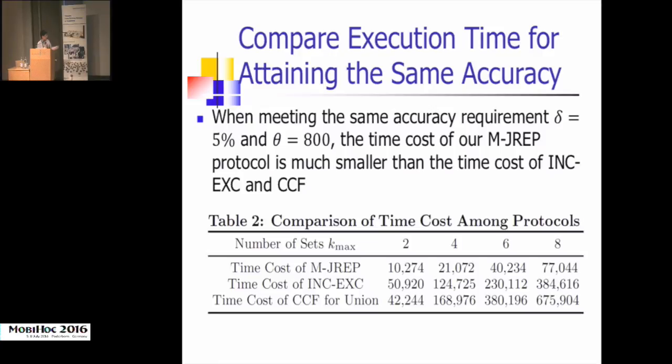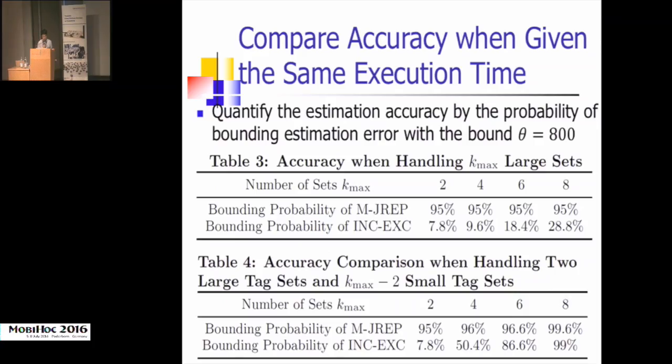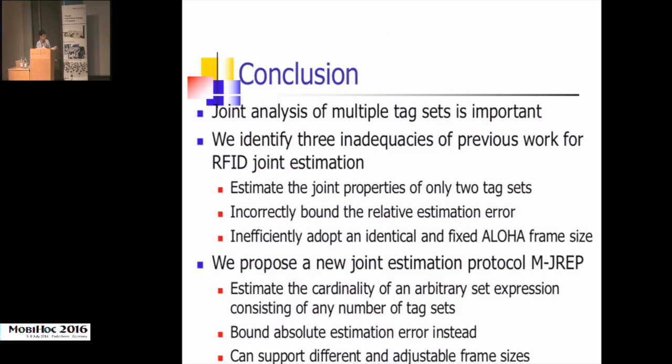It's like 10 times smaller, 5 or 4 times smaller than the previous work, the inclusion-exclusion rule or the CCF protocol. So our algorithm is both more accurate and also much cheaper. This is another accuracy comparison on different parameter settings. So we can skip this part.